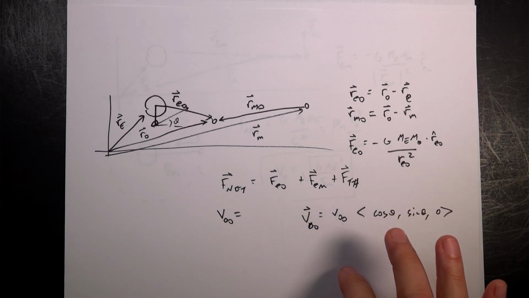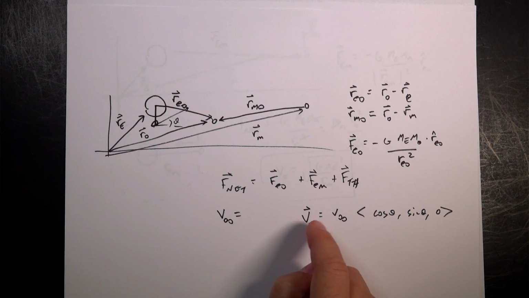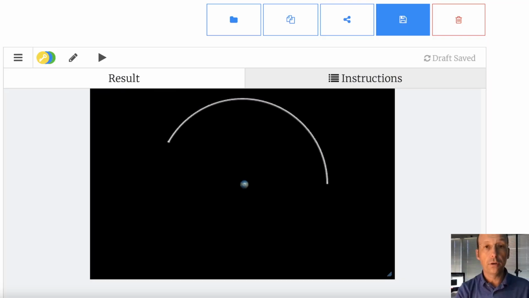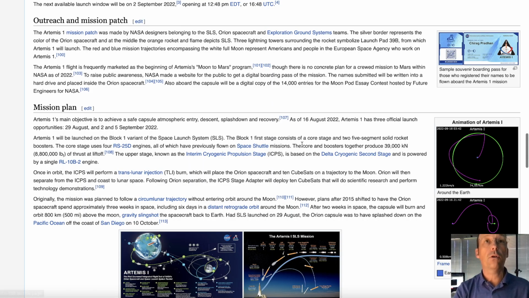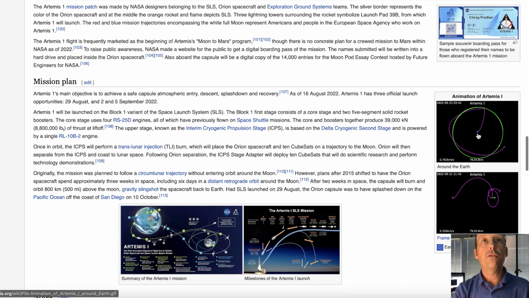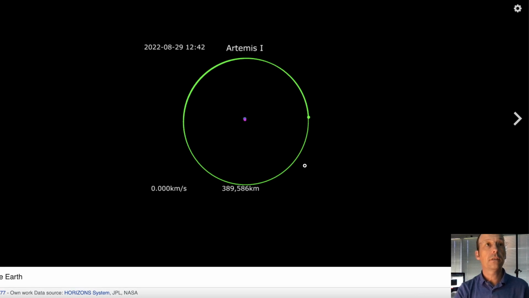Okay, so let me show you this initial velocity value. I did get that from somewhere, and I'm going to show you where I got that from, and then we'll program this in. So switching back to the computer, here is the Wikipedia page on Artemis. If you look at this animation, it gives you the initial speed right there.